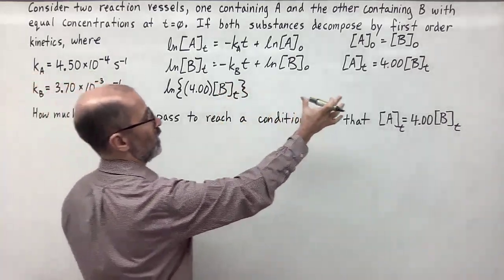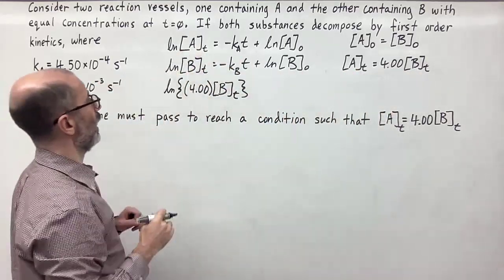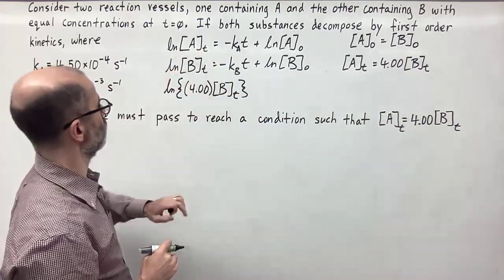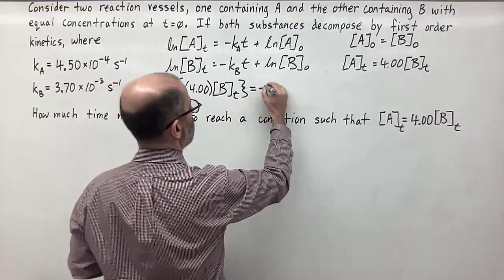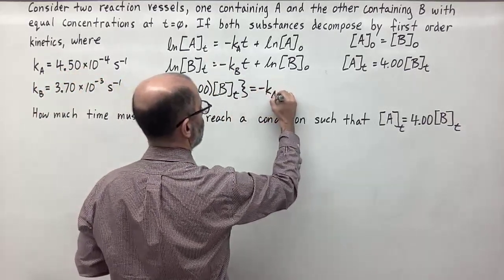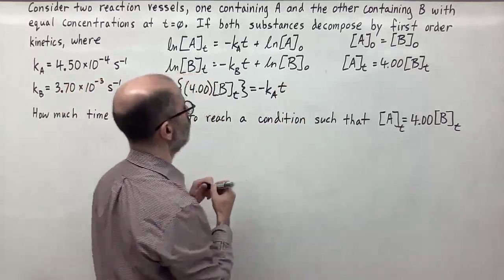So I just took this and substituted in for A sub t. And then we have equals negative Ka times t.